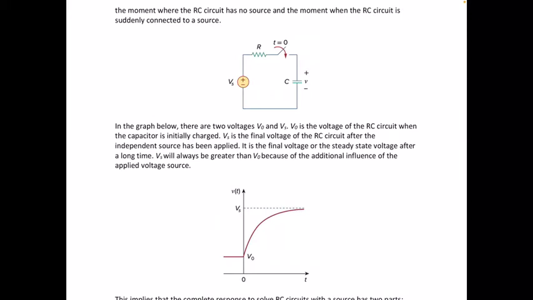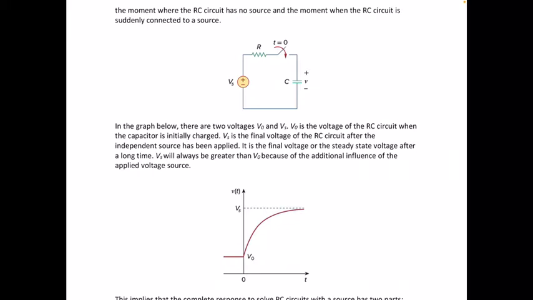So Vo is the voltage of the RC circuit when the capacitor is initially charged. So remember Vo in our source-free RC circuit. Let me reword that. Vo is the voltage brought about by the stored energy in the capacitor, across the capacitor rather.